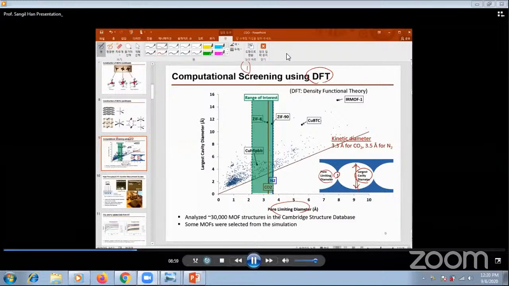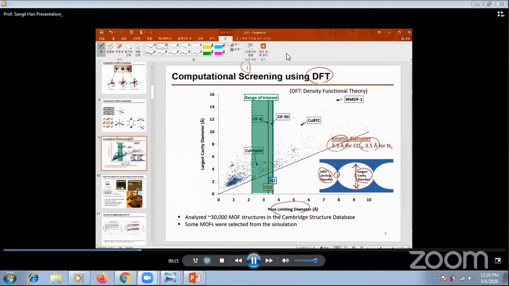In terms of selectivity, the pore limiting diameter is much more important than the large cavity diameter. The carbon dioxide kinetic diameter is 3.3 angstrom and nitrogen is 3.5 angstrom.